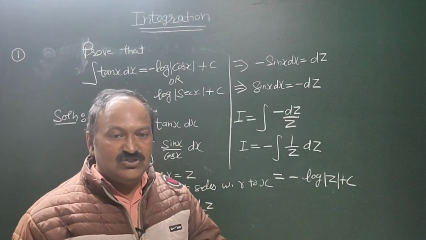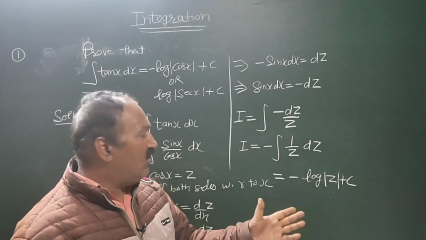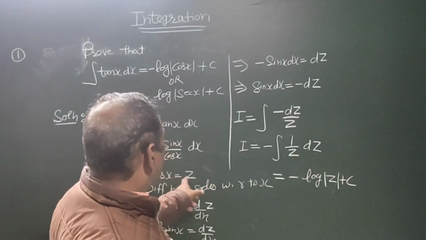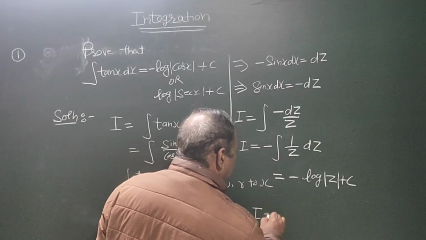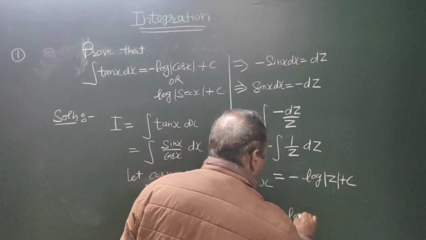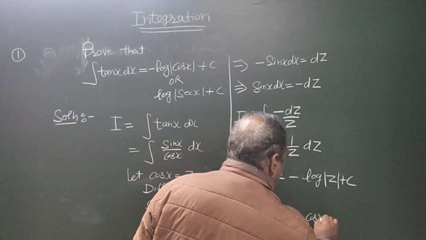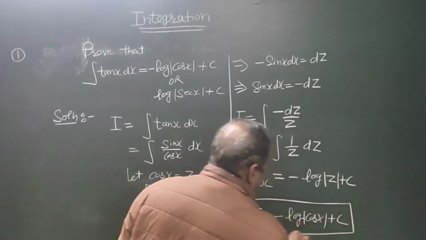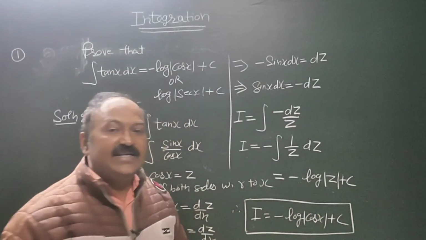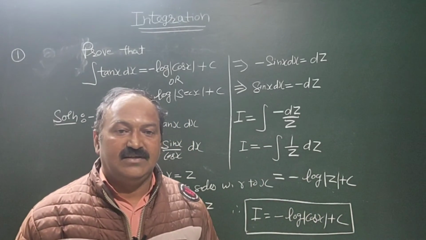After resubstitution, after putting the value of z, that is cos x, we get I is equal to minus log of cos x modulus plus c, and this is the formula of integration of tan x.